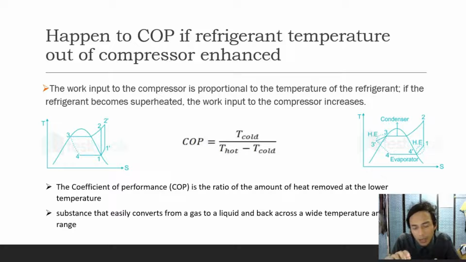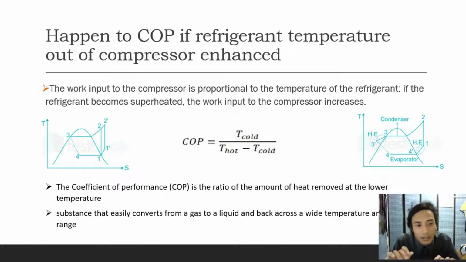Now the compressor work will also increase compared with the work done without superheating, isn't it? So the work input when the refrigerant is superheated, if you can see on my right hand side, is H2 going to H1, which is greater than H2 to H1. Right.